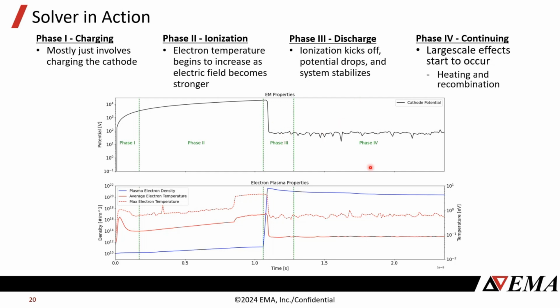And then finally, we've arrived into phase 4, and this phase 4 exists all the way to the end of time. And this is for our large-scale effects, such as heating of the gas, as well as the recombination of the plasma itself. So extinguishing of the arc, should that occur for the model.